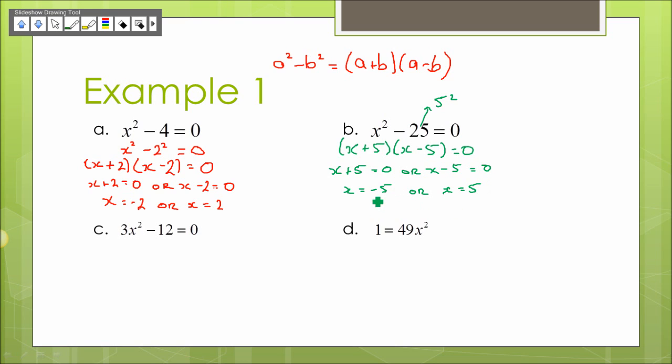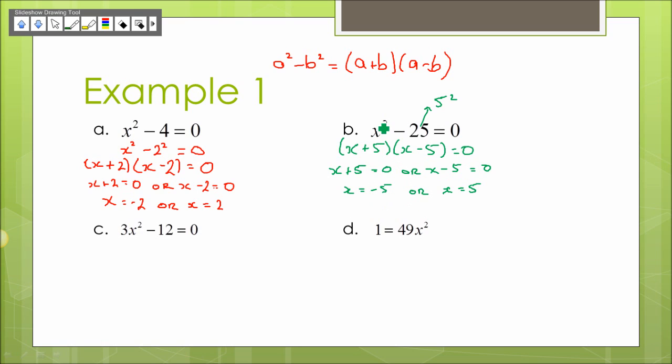So that tells us to make this statement true, for x squared minus 25 to equal 0, the value of x must either be minus 5 or plus 5, and that's what we're doing, trying to solve these equations to find out what the value of x is.